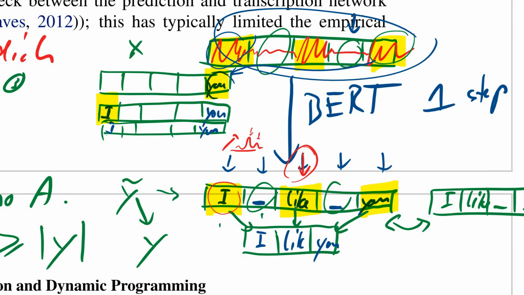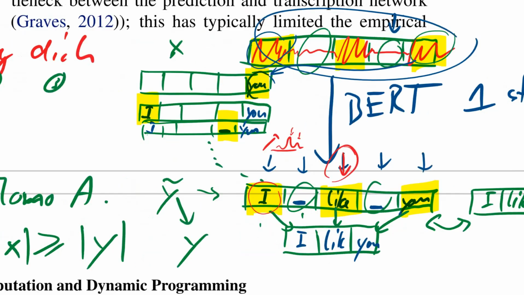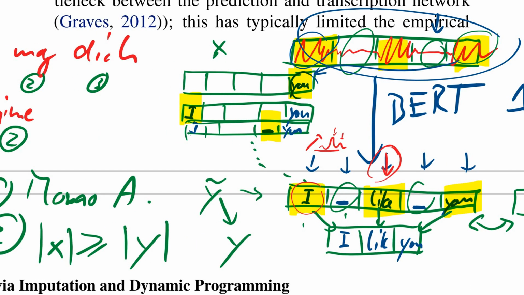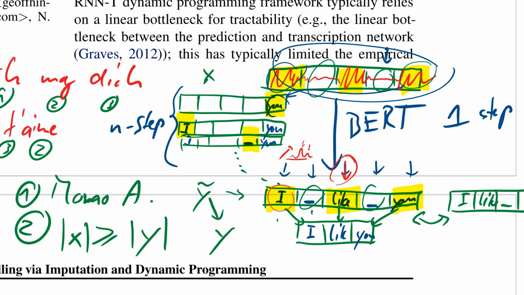So now I'm pretty sure that this here is a silent token, right? And you go on like this until the end. So this here would be n-step decoding, n steps of decoding, which now no longer has the problem of these conditional independence assumptions, but of course, now you have the problem that you need n steps, right?